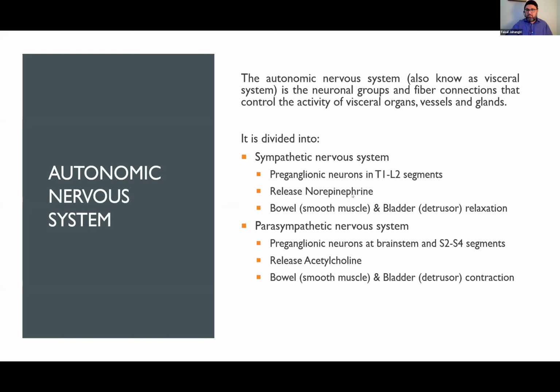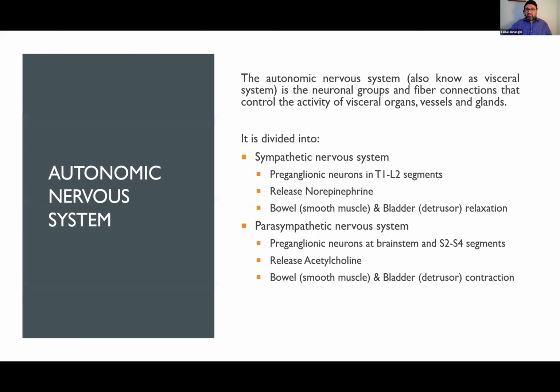They release norepinephrine and act on the bowel and bladder, as well as the vessels and glands. In the bowel they cause smooth muscle relaxation, and in the bladder they cause relaxation of the detrusor, which is another smooth muscle of the bladder wall. Activation of the parasympathetic nervous system, which originates from the S2 to S4 segments, releases acetylcholine and causes bowel and bladder contraction by acting on the same muscle.